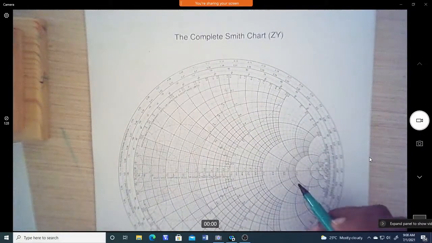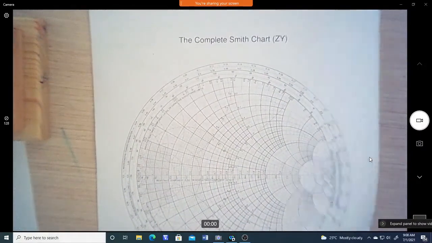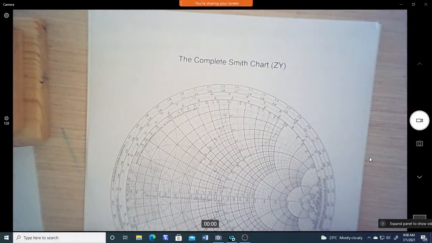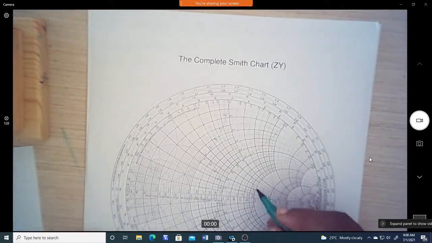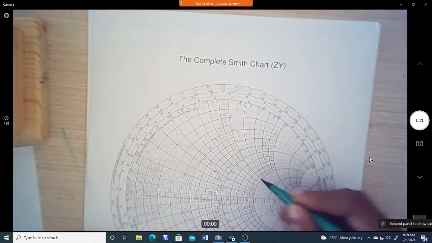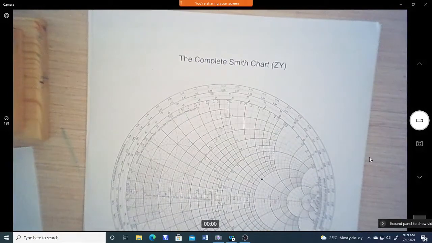Where is it? Here it is 2, and J1 is here. So this is your normalized load point.